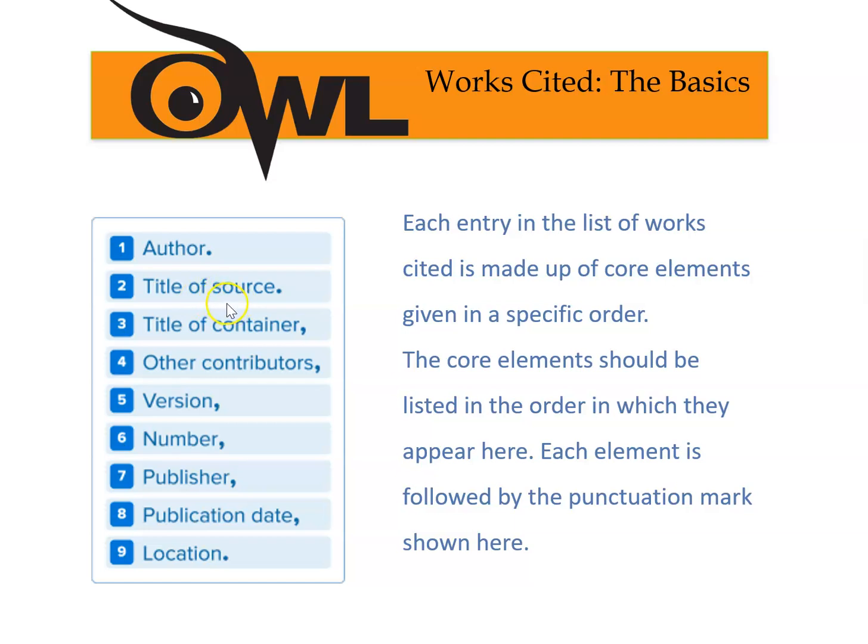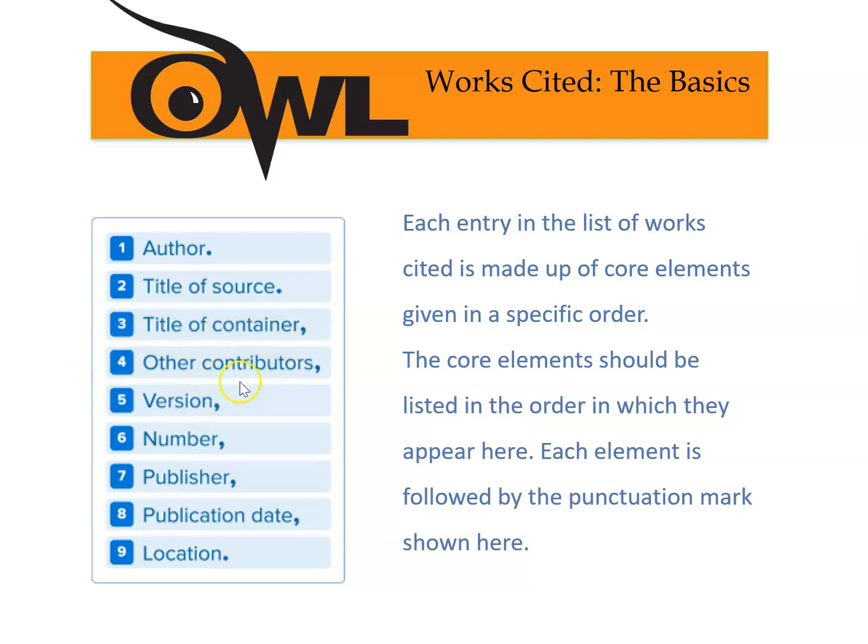This might be the article's title or the name of the poem or short story that you're reading. The title of the container, and the word container just means the larger book or the larger website or whatever it is, the source that you're using. Sometimes it's called a container source. So we'll look at some examples of what that means.